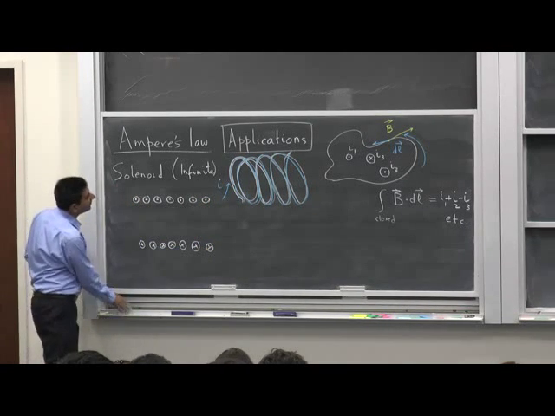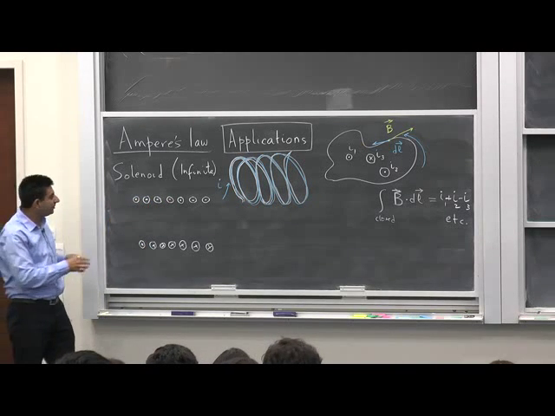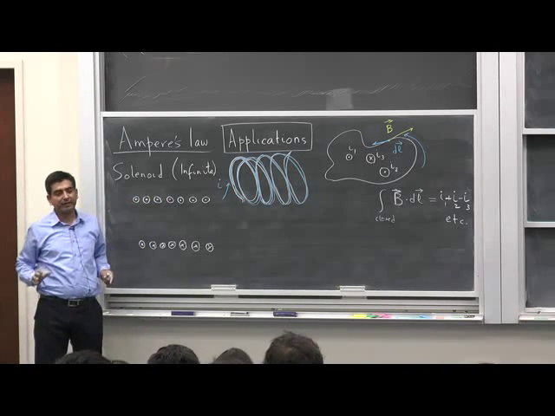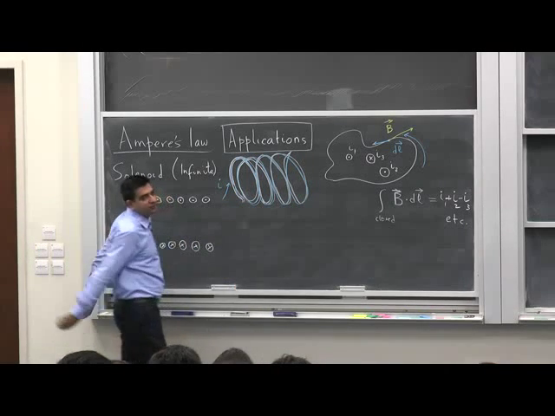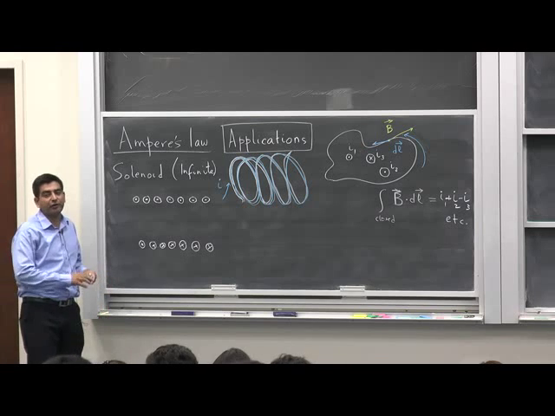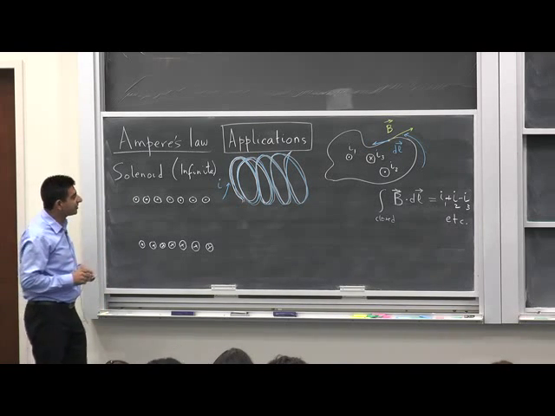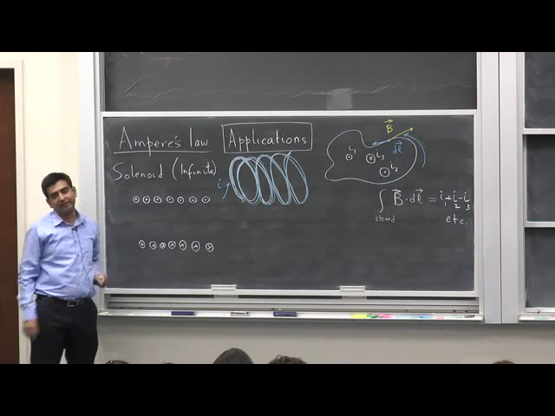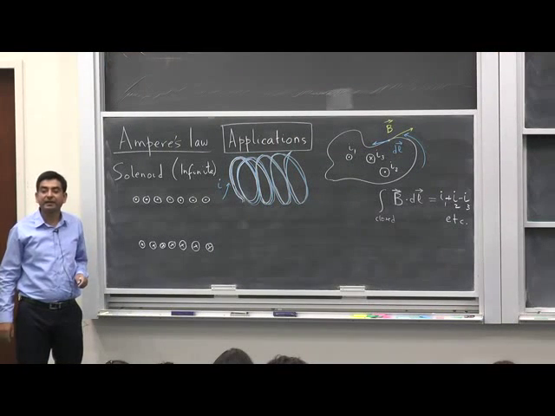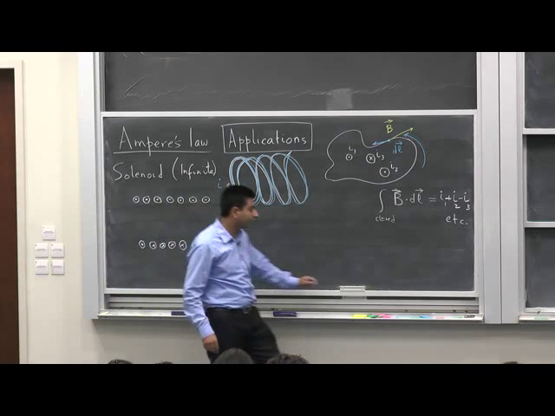And being a finite mortal being, I have drawn some spacing between these coils, but I assume that these are tightly packed together. And the length of this solenoid is infinite, and it's a really thin coil. It's a thin solenoid, so it's a slender, long solenoid. And what I'm interested in finding is the field inside this solenoid, the magnetic field. And I would like to invoke Gauss's law to find out that field.